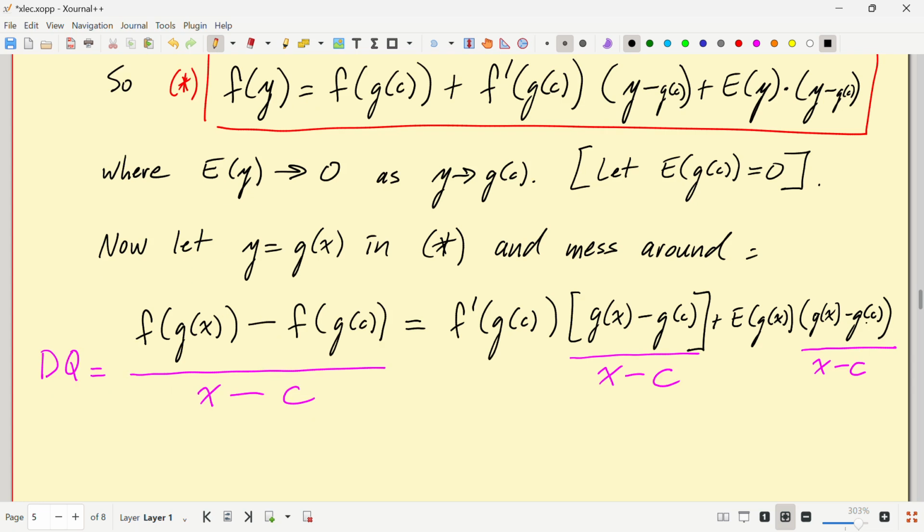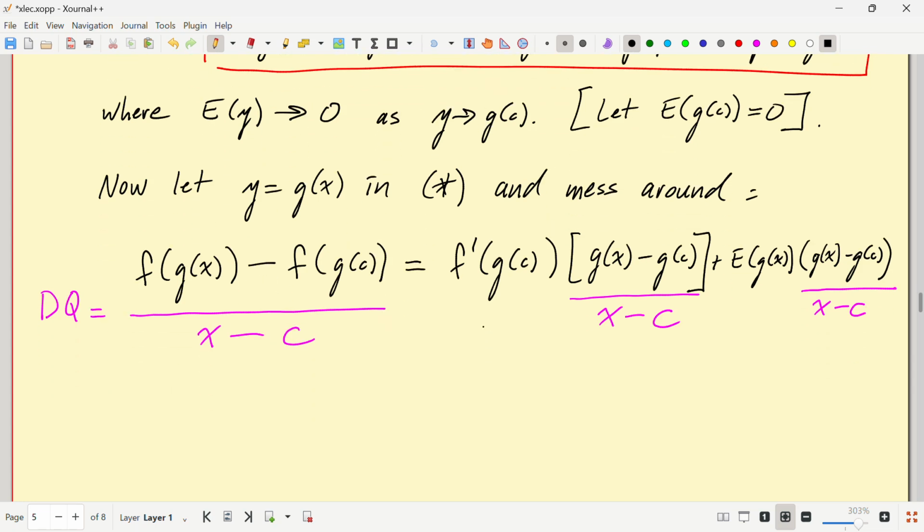And as I let x tend to c, well, this is a constant. So this is as x tends to c. Constant just sits there.